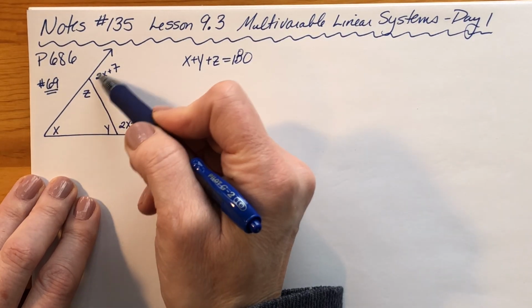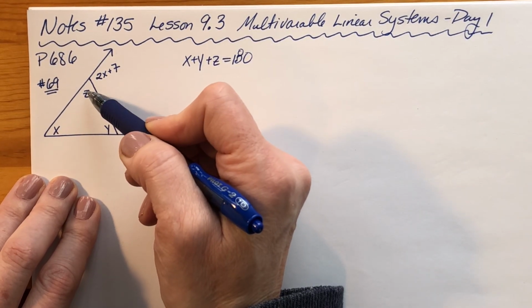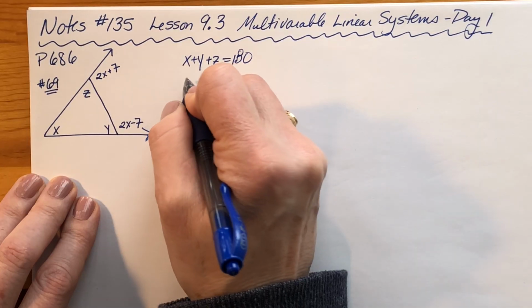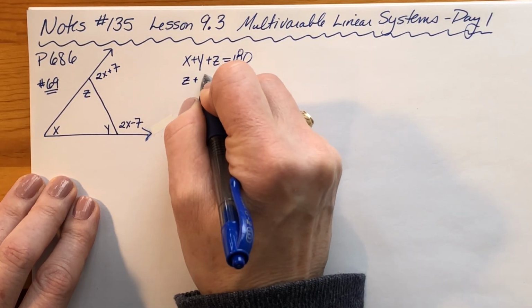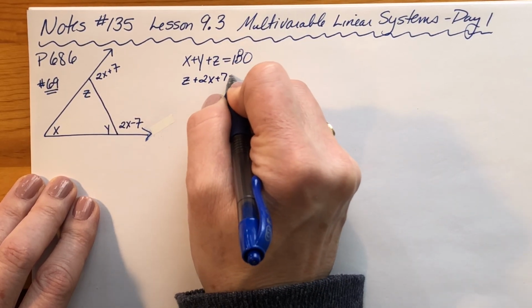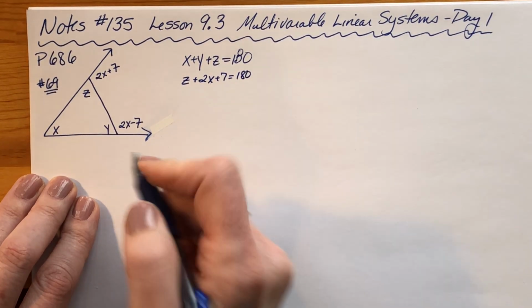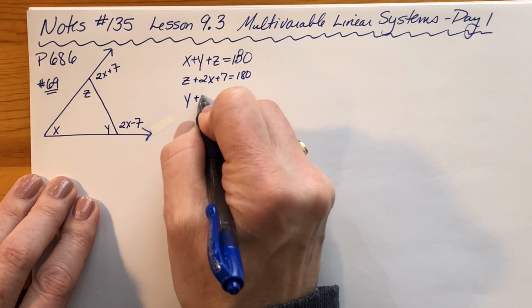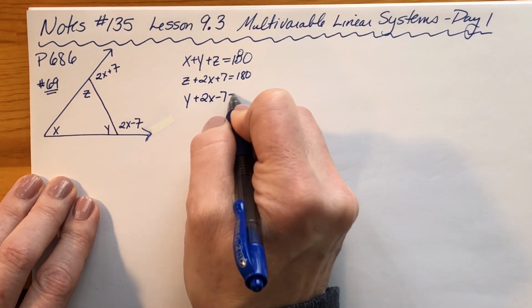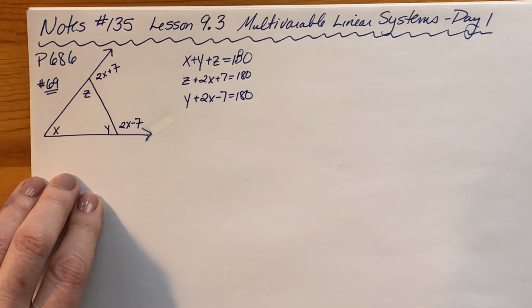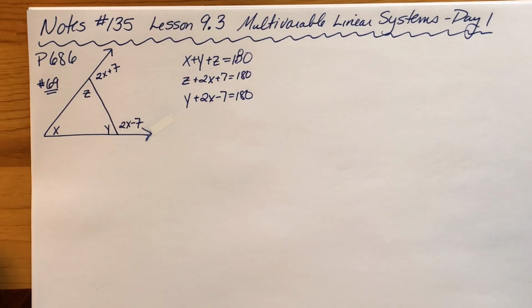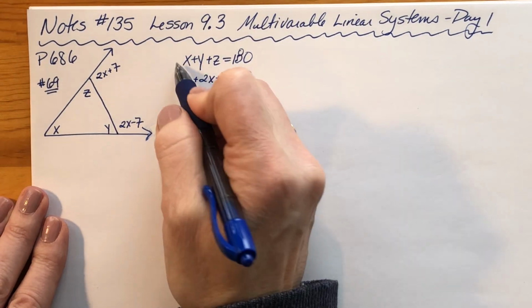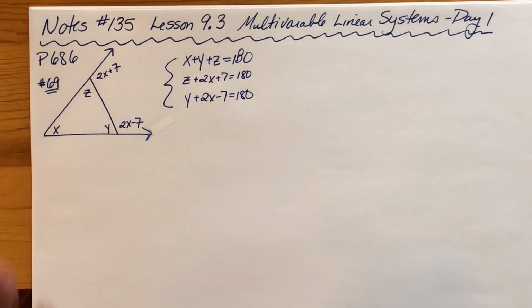I'm also thinking about this angle right here: z plus 2x plus 7 is equal to 180. And I'm also thinking about this angle here, where I have y plus 2x minus 7 equals 180. Okay, so I have three equations. Awesome. Good for me. Got a system of equations. Now all I have to do is solve it.